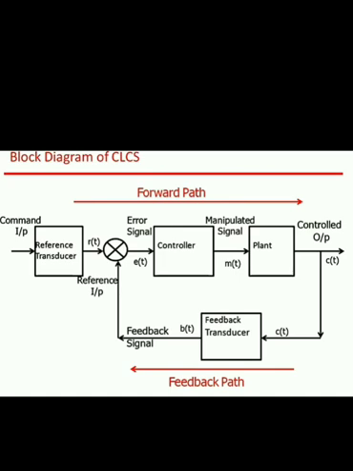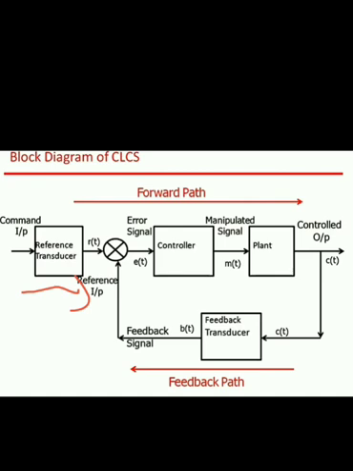Here the input is given to the transducer, because the transducer converts one form of energy to another form of energy. Means if we do not have an electrical signal, it can change the signal, means a mechanical signal is converted into an electrical signal.